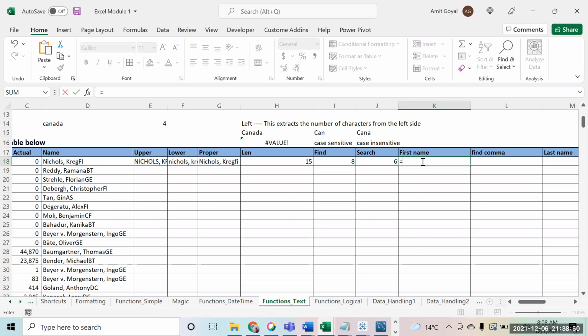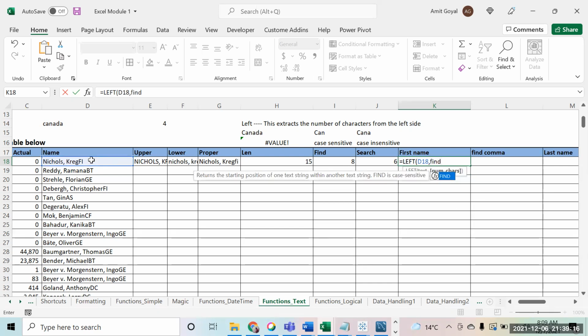See, I will say equal to left, right? This is the text. Now see, in every name, the number of characters in the first name is different. So how do you think I can ensure that my formula works perfectly fine? By comma. By comma. So what can I use?